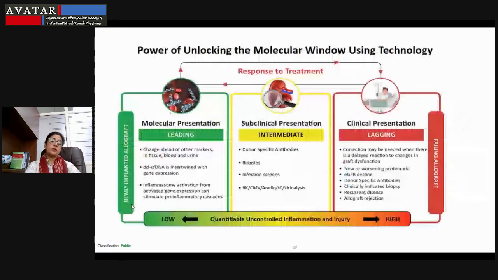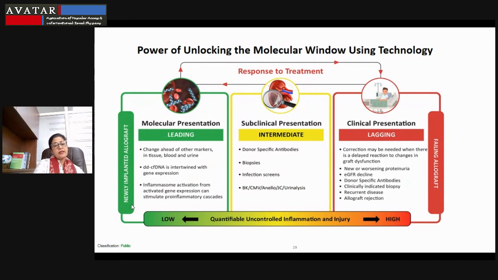So, as of today, what we have is the power to unlock the molecular window using technology. In any case, first there is the molecular presentation. This involves changes ahead of other markers, which can be shown in the tissue, blood, or the urine. The cell-free DNA at this stage is intertwined with the gene expression profiling that we may have.